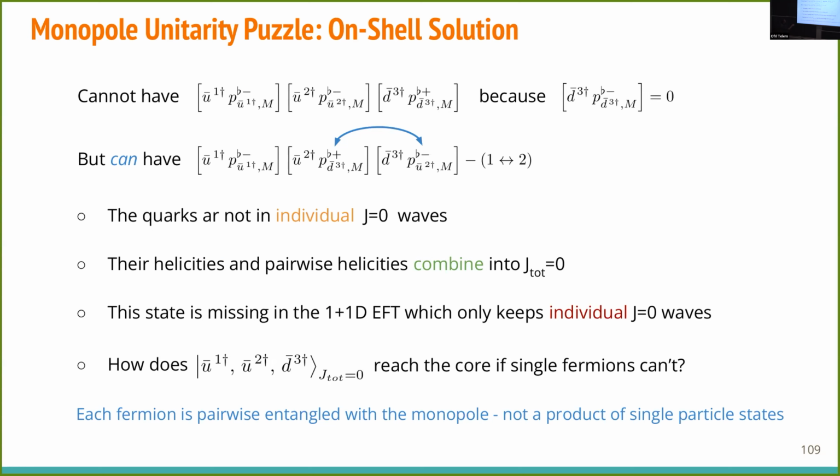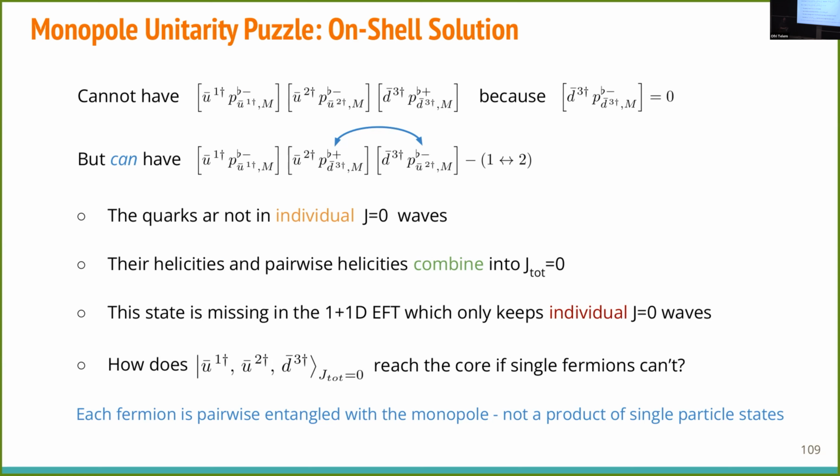This part of the amplitude just vanishes. But then we're saying, okay, if every single spinor helicity variable dotted with its pairwise is zero, let's just cross them. Let's just switch them. Contract this one with this one and this one with this one. From the S matrix perspective, that looks like a completely valid final state.